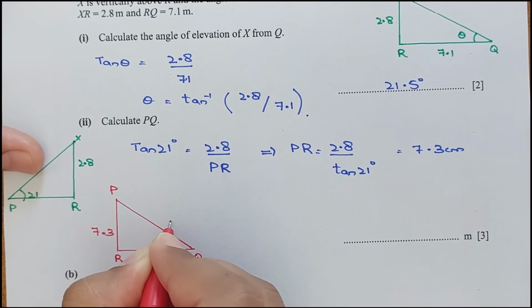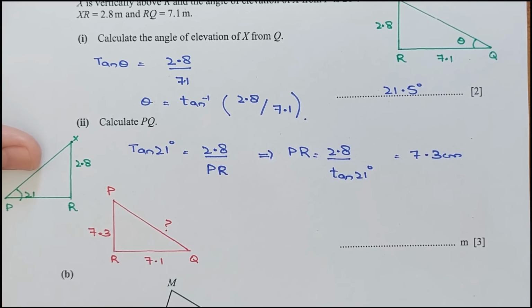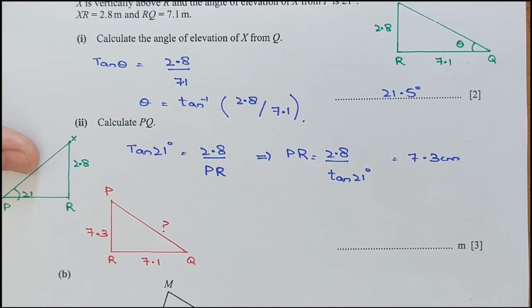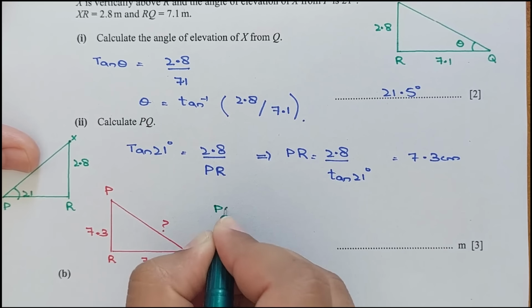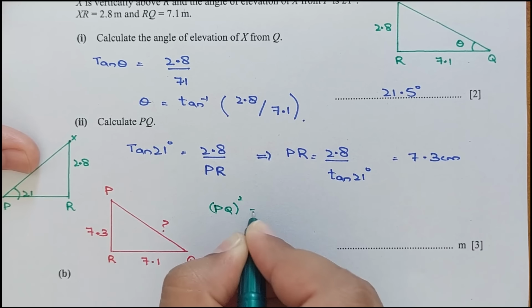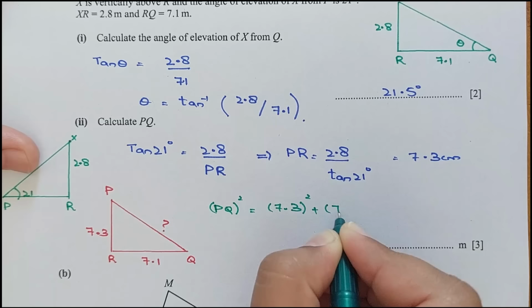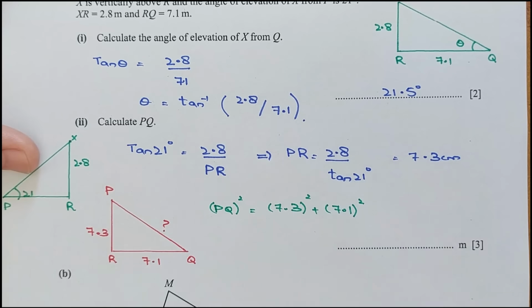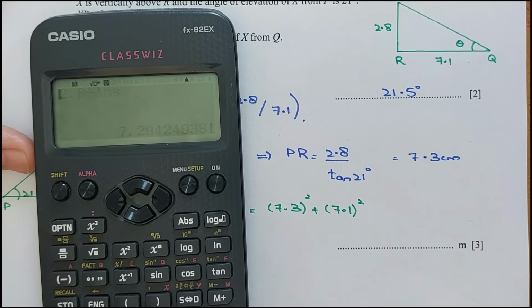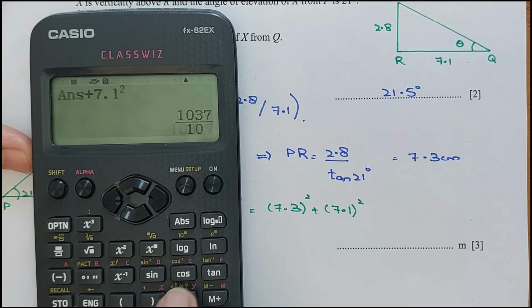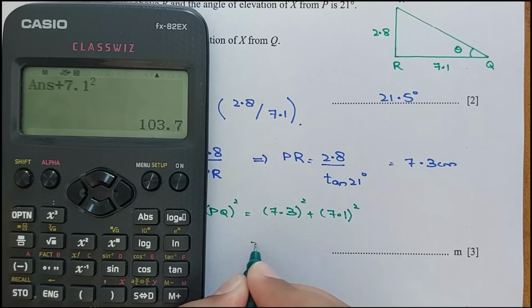We have to find the hypotenuse. What is PQ? So PQ squared equals 7.3 squared plus 7.1 squared, and then we take the square root to get the answer. 7.3 squared plus 7.1 squared is the square root of 103.7.